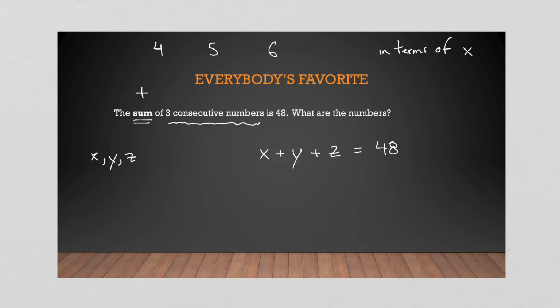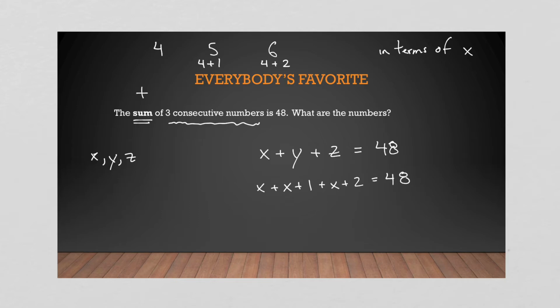Look at 4, 5, 6. 5 is 4 plus 1, which means if y comes after x, y is the same as x plus 1. It's just 1 more than x. And 6 is 4 plus 2. So if x was before in this instance, z is then x plus 2. So we actually just have x plus x plus 1, which is the next number, plus x plus 2, which is the next number.